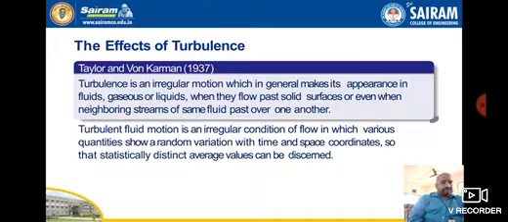Even for turbulent fluid, the motion is an irregular condition of flow in which various quantities show random variation with time and space coordinates, so the statistically distinct average value can be discerned.